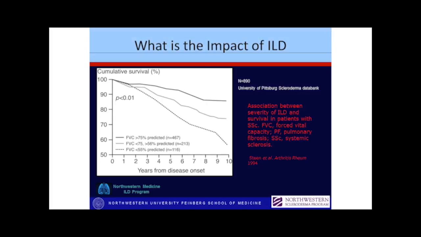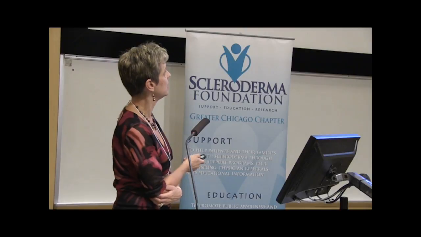So what they found is patients who maintained a vital capacity of greater than 75% had the same expected outcome in terms of survival as the general population of scleroderma patients without lung disease.